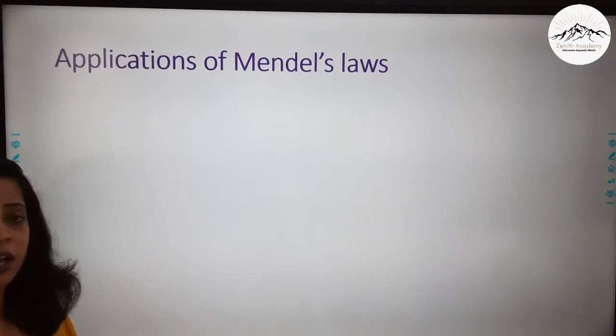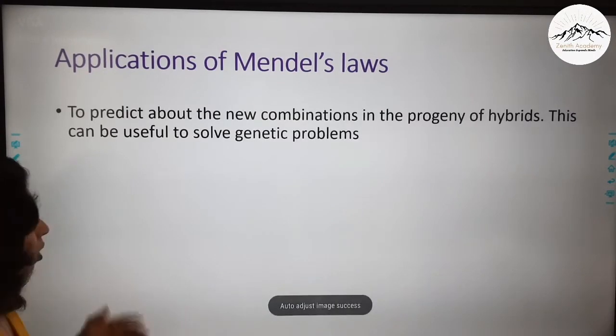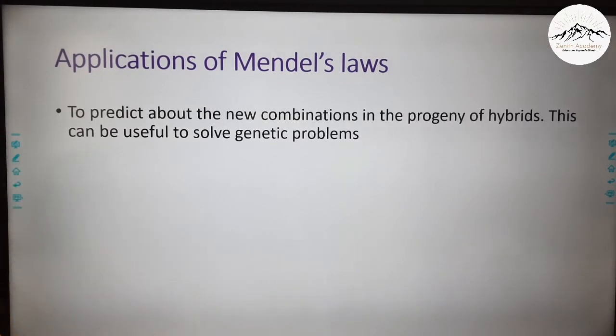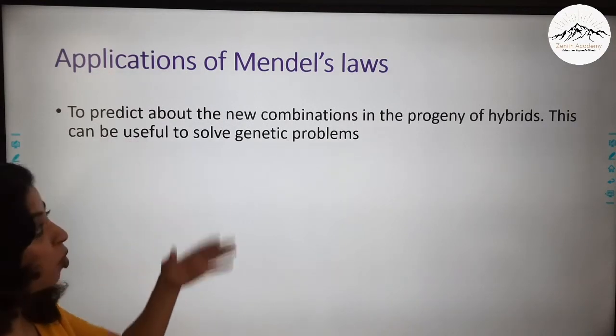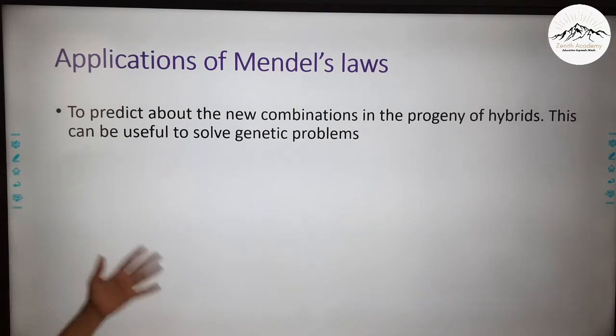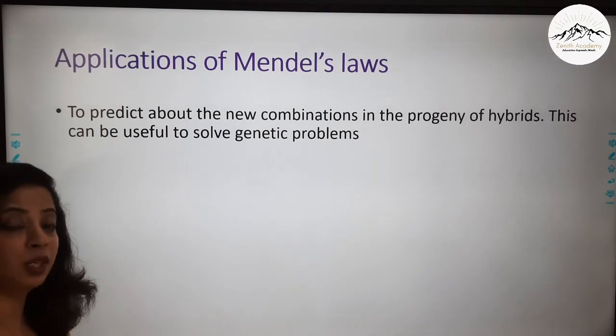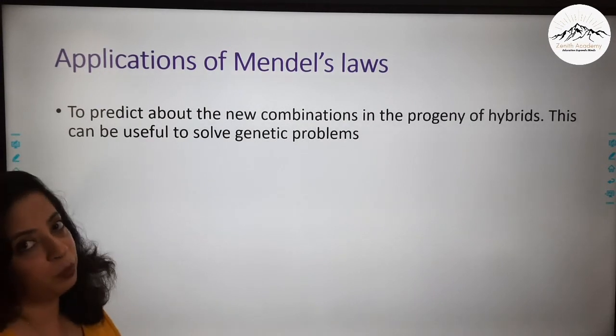Now let's go ahead with the applications of Mendel's laws. The understanding of these laws helps us to predict new combinations in the progeny of hybrids, and this can be useful to solve various genetic problems, whether in plants, human beings or animals.